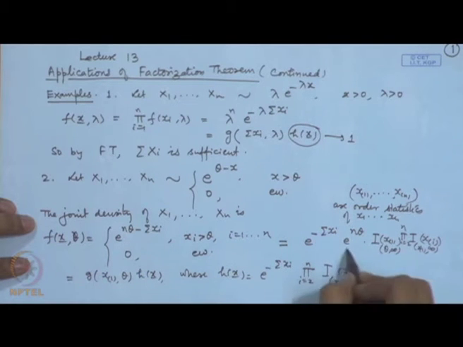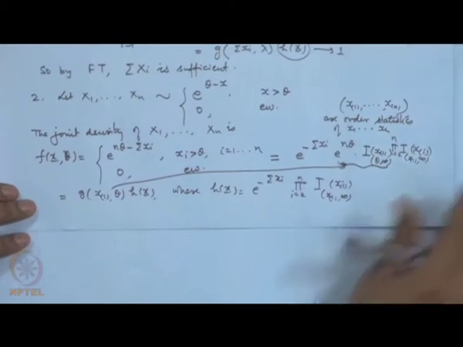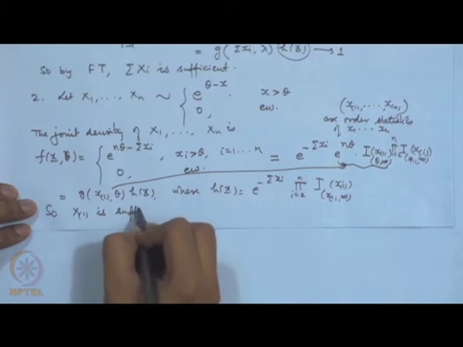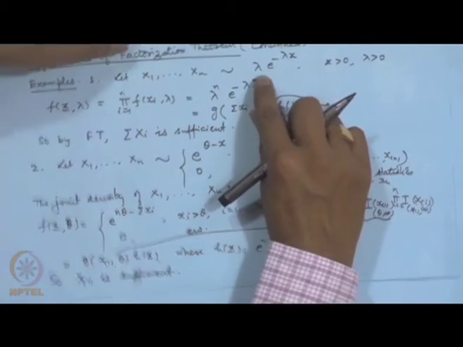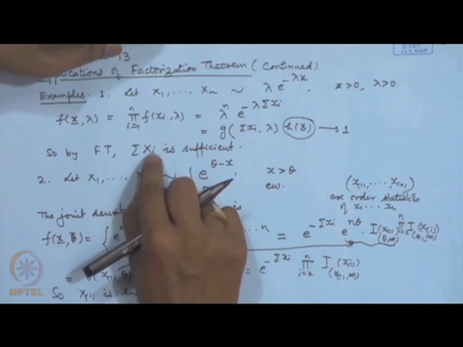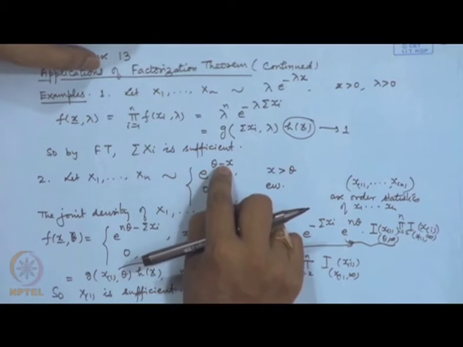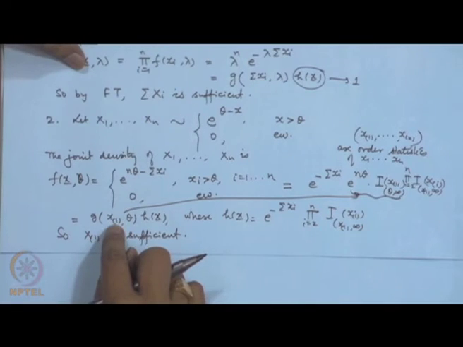So, g is a function of x 1 and theta. So, we conclude that x 1 is sufficient. Now, note here, when we had lambda as the parameter, and it was a scale model, the sufficient statistic was sigma x i. Although here again we are dealing with the exponential distribution, the nature of the parameter has changed, and therefore, the sufficient statistic is now the minimum of the observations.